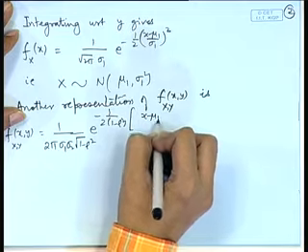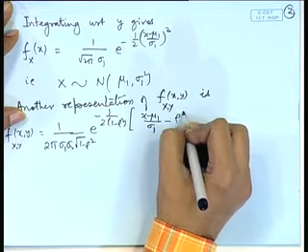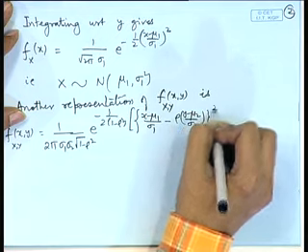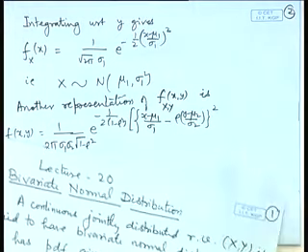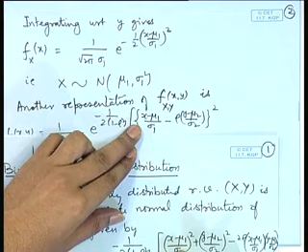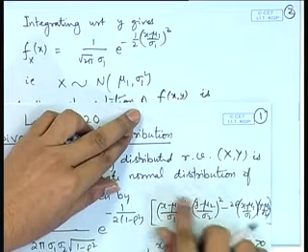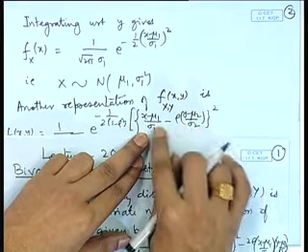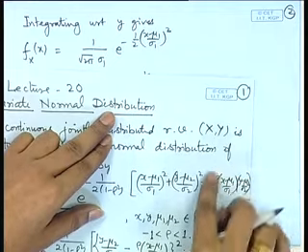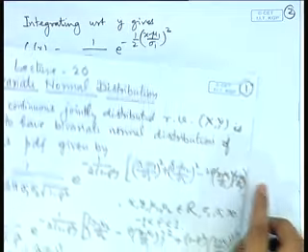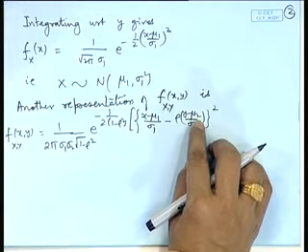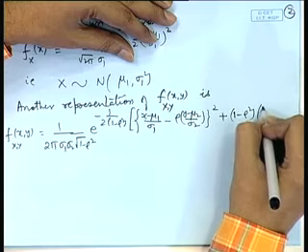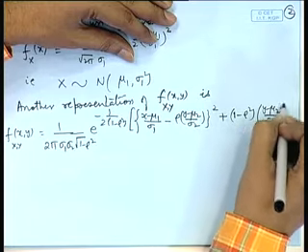So, ((x minus mu 1) by sigma 1 minus rho (y minus mu 2) by sigma 2) whole square. So, comparing with the joint density, we can see here that ((x minus mu 1) by sigma 1) whole square is coming here, and the cross product term is minus 2 rho ((x minus mu 1) by sigma 1) into ((y minus mu 2) by sigma 2), which is the term appearing here. So, we have added the term rho square ((y minus mu 2) by sigma 2) square. So, subtracting this, we get (1 minus rho square) ((y minus mu 2) by sigma 2) whole square.